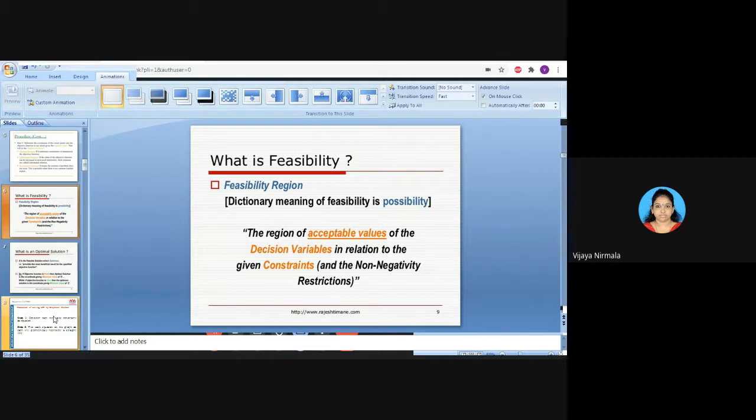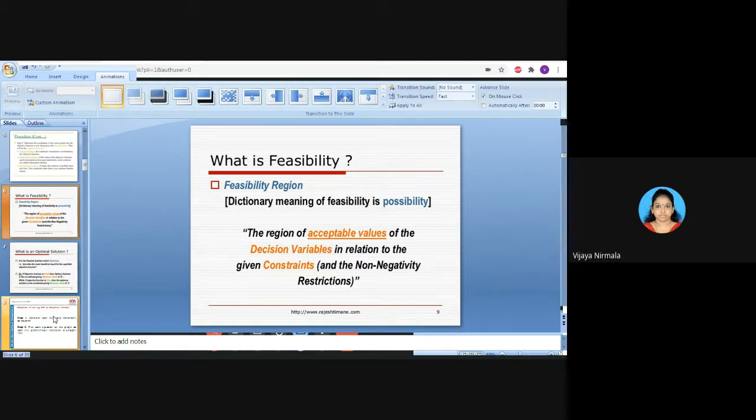So it is the region of acceptable values of the decision variables in relation to the given constraints and the non-negativity restrictions also. So you need to always keep in mind the non-negativity restrictions and the region of the acceptable values of the decision variables.